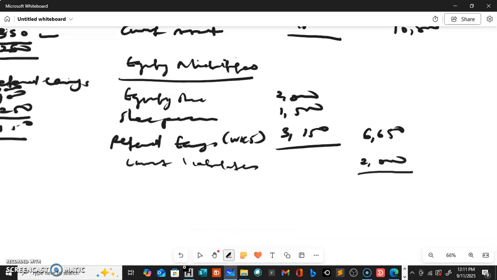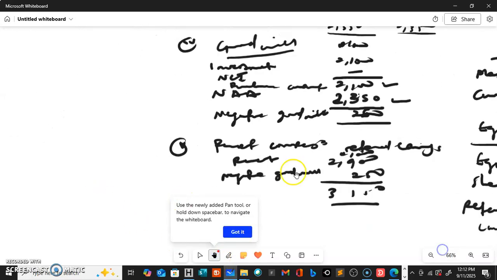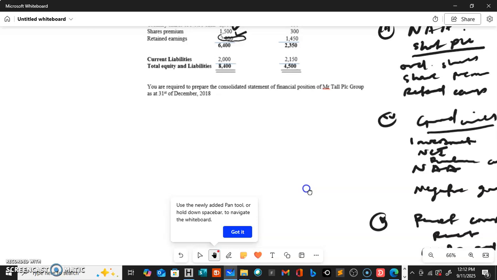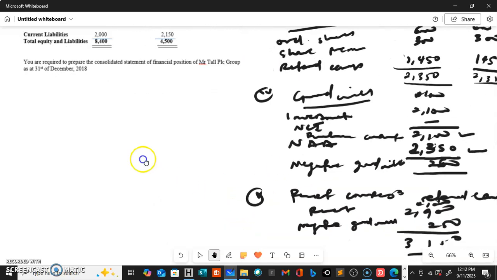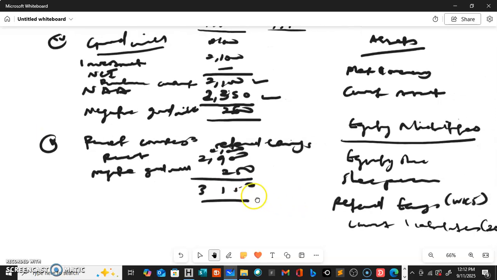That will give us 8,850. So the payables, the current liability, is 2,000 plus the addition of that of the subsidiary. Let us look at the value of the payables or the current liability for the subsidiary. That is 2,150. So we're going to add it together so that we don't make that mistake.